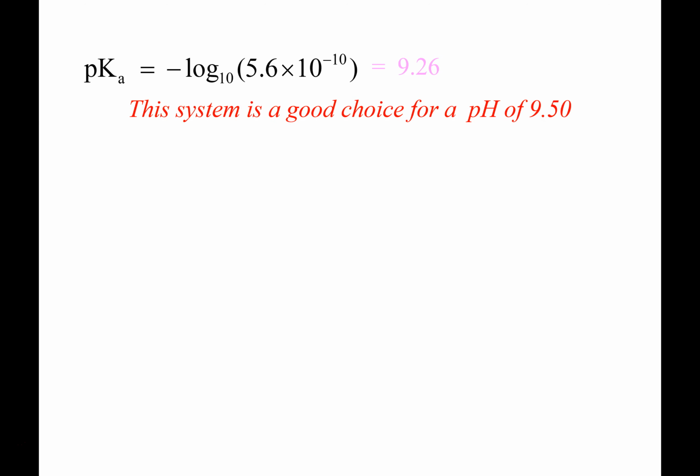This actually does two things. It checks to make sure our conjugate acid-base pair is a good one for this target pH, and now I have the pKa, so I'm ready to rock and roll. That is 9.26 for this problem.